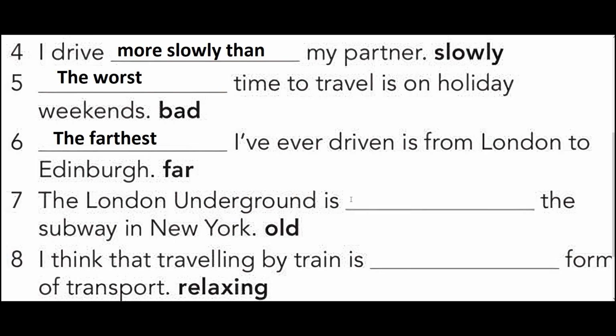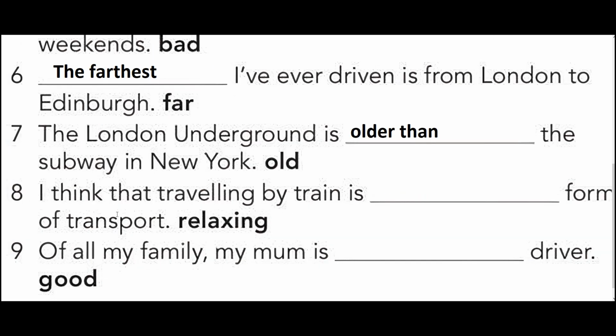The London Underground is older than the subway in New York. We compare two things. London Underground and New York subway. Next is, I think that traveling by train is the most relaxing form of transport.